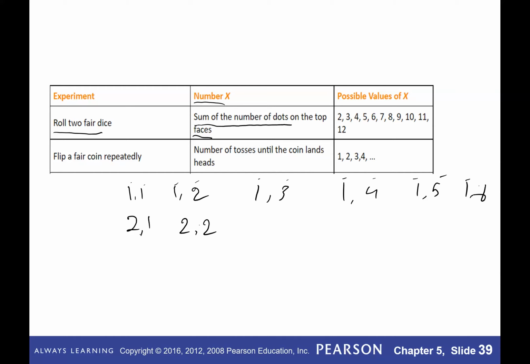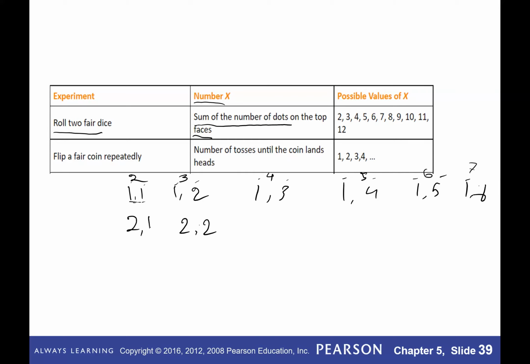Now the random variable x is the sum of the number of dots on the top faces. That means we add these 2 numbers together. So this will be 2, this will be 3, this will be 4, 5, 6, and 6 plus 1 is 7.